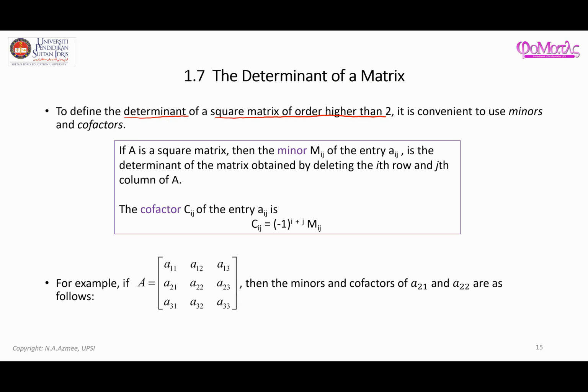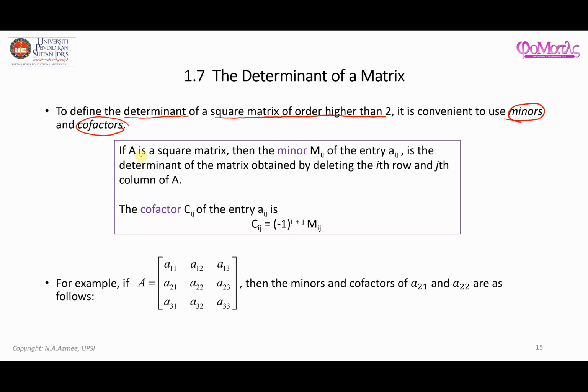Because of that, we need to introduce the ideas of minors and cofactors, because these are two components that are needed in order to find the determinant of a square matrix. Without further ado, let's focus on understanding what minors and cofactors are, and then we will look at the formula to find the determinant of a square matrix of higher order than 2.